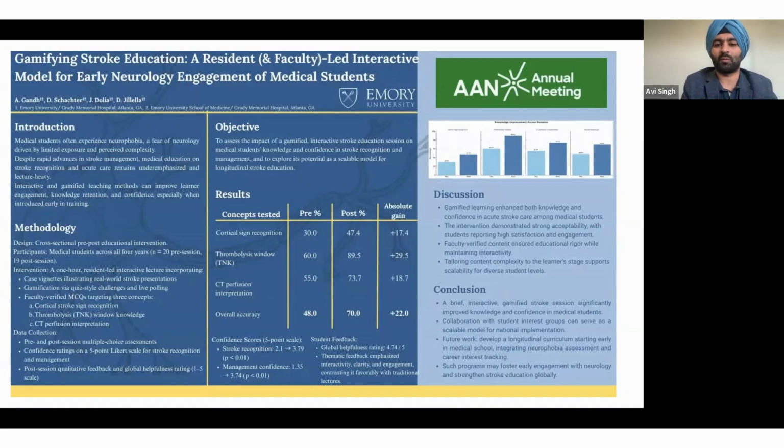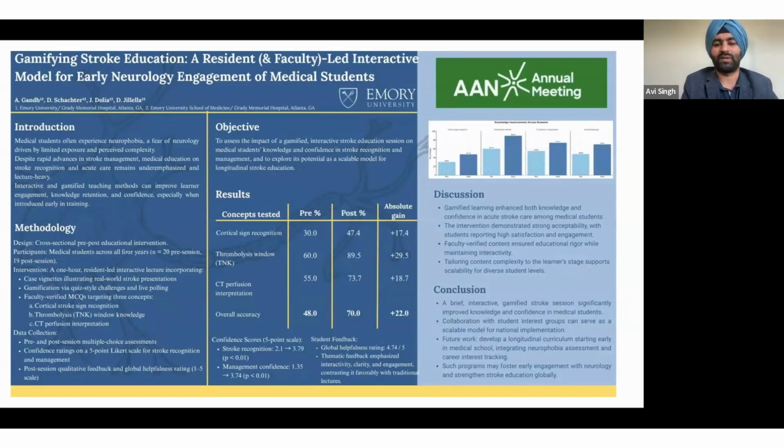However, once the concept was explained through this gamified intervention, they realized when and when not intravenous thrombolysis was offered, when and when not mechanical thrombectomy was offered, what the rationale behind the two was, and when both could be offered as well as when neither was.